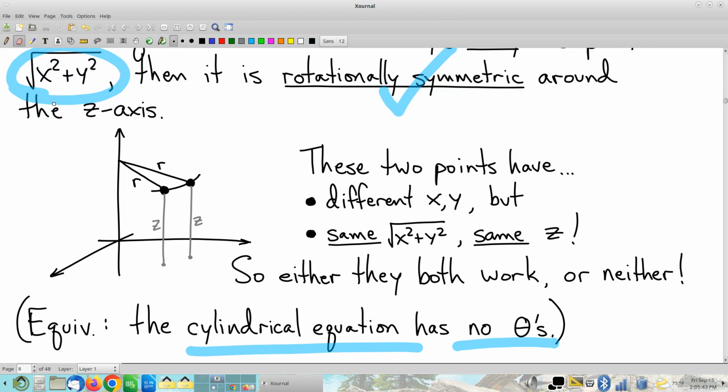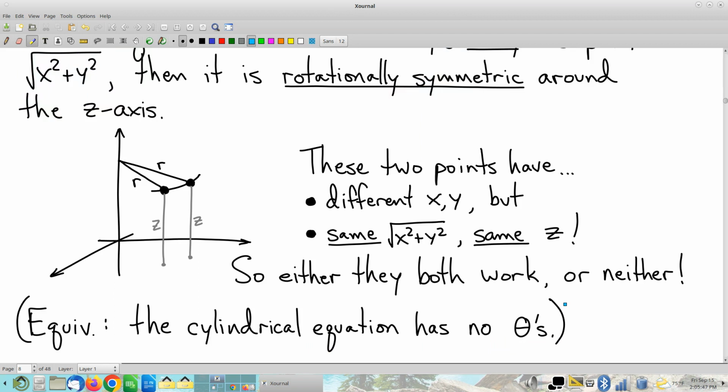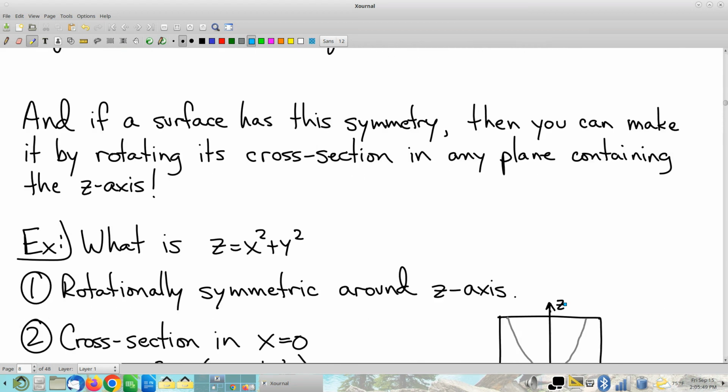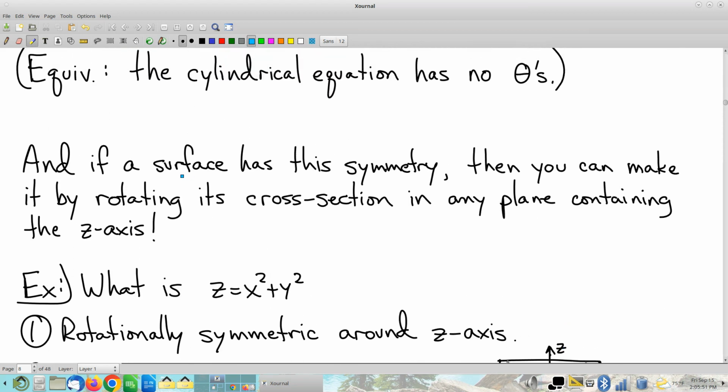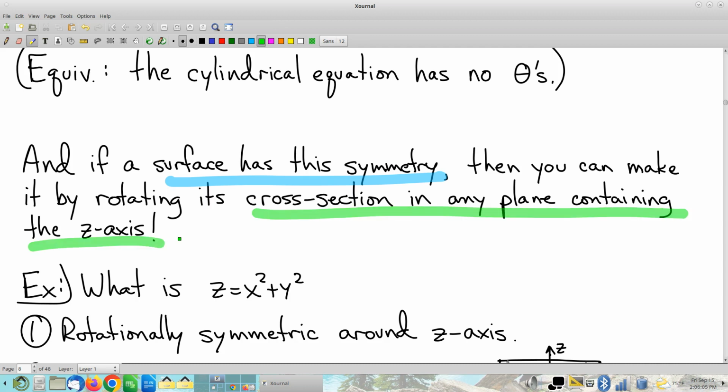Okay, so pick your favorite point of view there. The reason we care about this is that if you have a surface that has this rotational symmetry, then there's an easy way to manufacture it. Things that are rotationally symmetric, you can manufacture by taking a cross section in any plane containing the axis and then rotating that around.